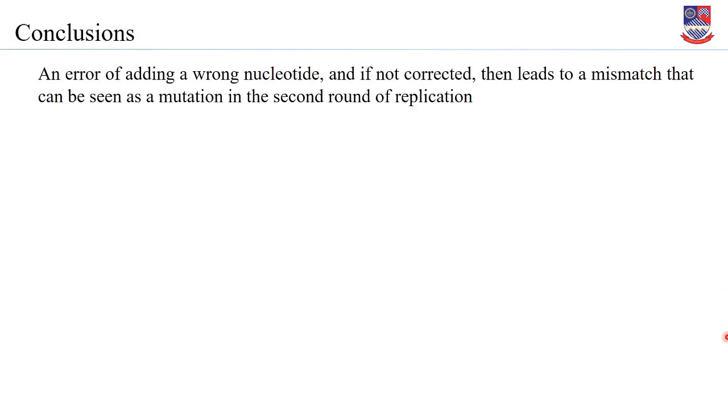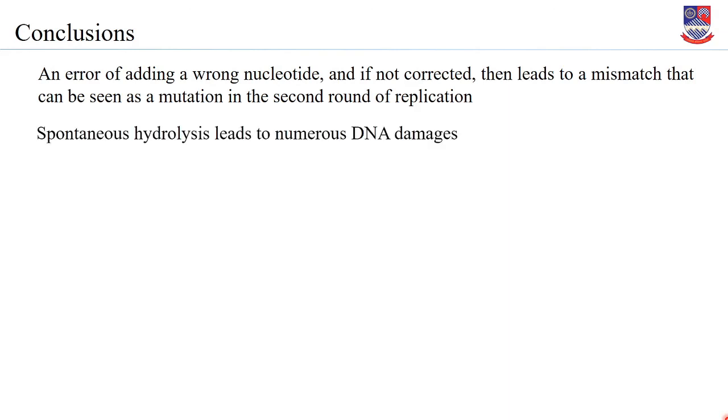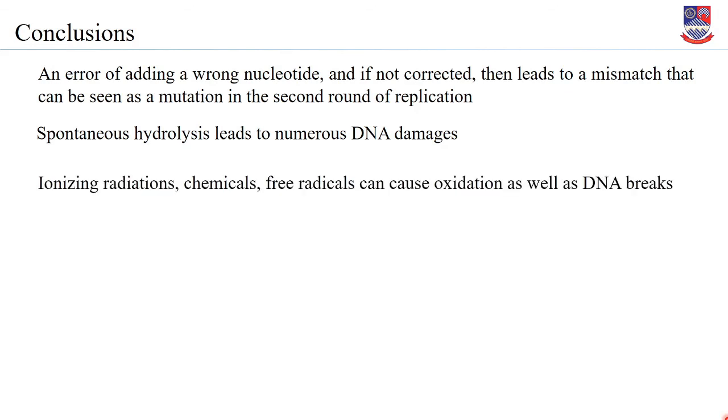So let us conclude. An error of adding a wrong nucleotide, if not corrected, leads to a mismatch that can be seen as a mutation in the second round of replication. Spontaneous hydrolysis can lead to numerous DNA damages like deamination, depurination, etc. Ionizing radiations, chemicals, and free radicals can cause oxidation as well as DNA breaks.